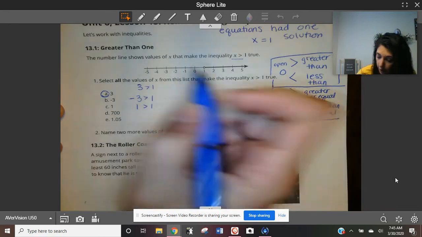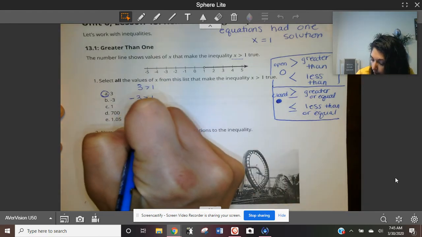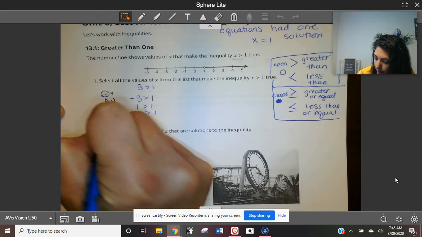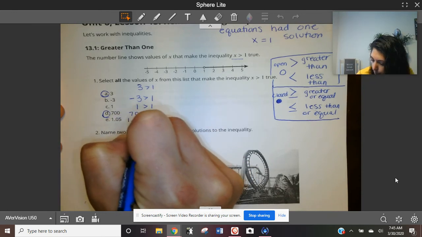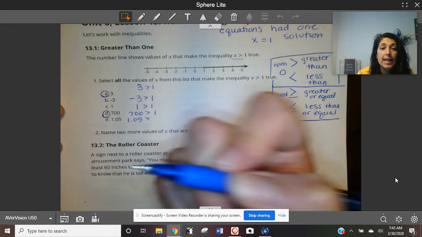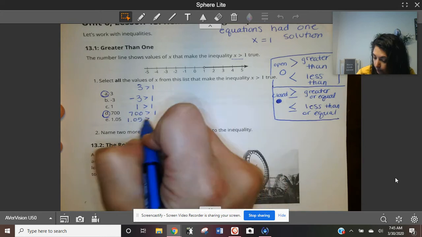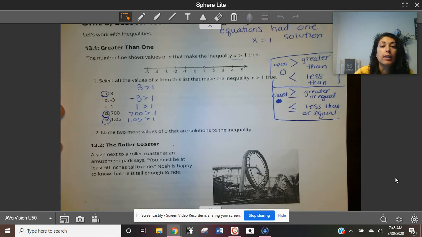No, they're equal to each other, so it can't also be greater than. Is 700 greater than 1? Yes, it is. And then we have our example that I just pointed out, 1.05. So this is 1 and 5 hundredths. Absolutely. Any additional value to 1 is going to be greater, so that one would be included.